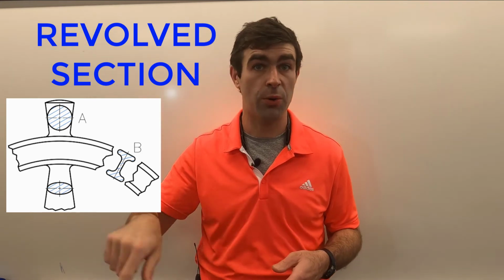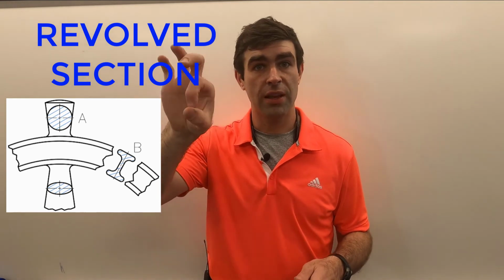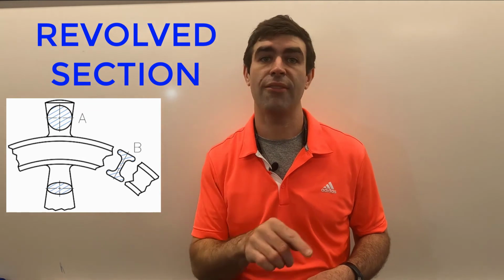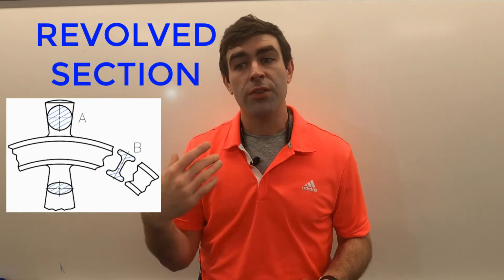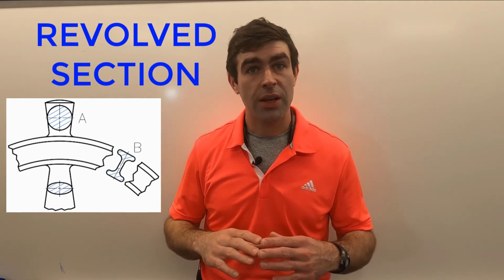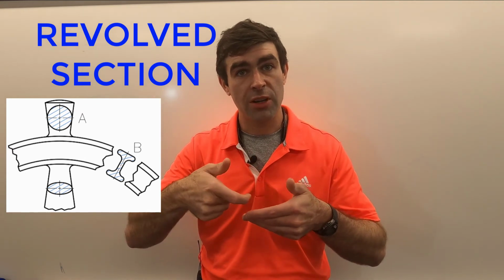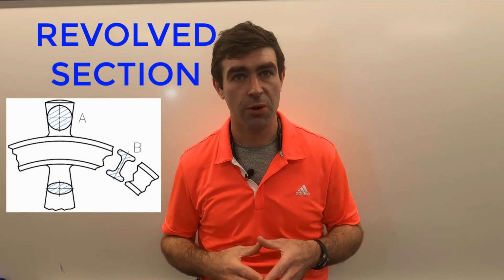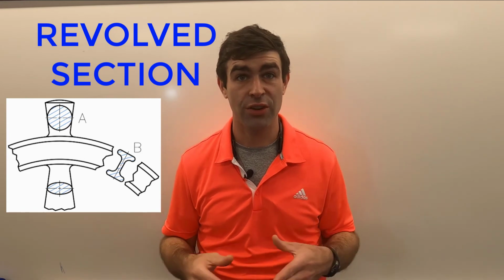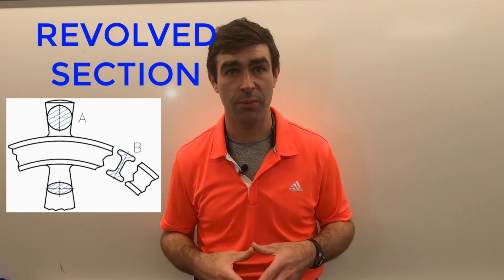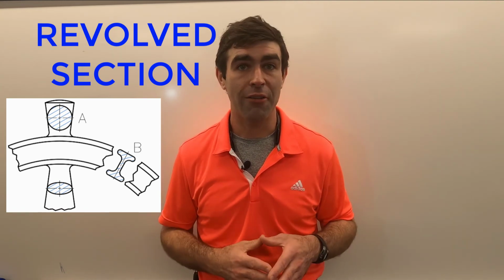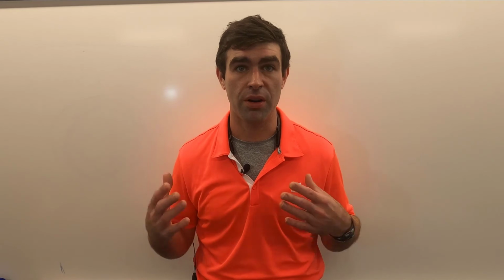So if it's a donut, you'll just take a piece of that donut, flip it around right on that front view. There's a couple of ways to do this. Sometimes you just show the object. Sometimes you use break lines and break it out to show. This can be used for all kinds of shapes, so things like I-beams or W-beams or circle, oval, whatever. It just saves the number of views.